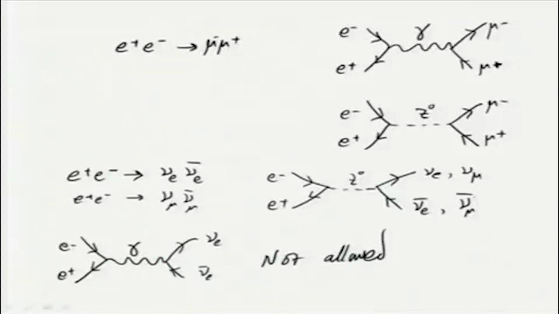Okay. So, because it is Z0 which is coupling to any type of neutrinos, but again you cannot have nu e and nu mu bar together. It is either nu e nu e bar, nu mu nu mu bar, or even nu tau nu tau bar.